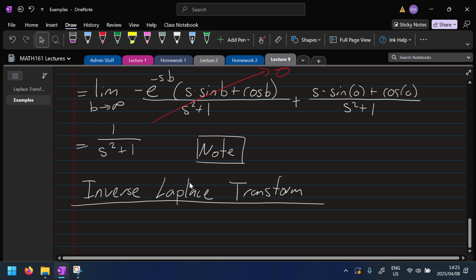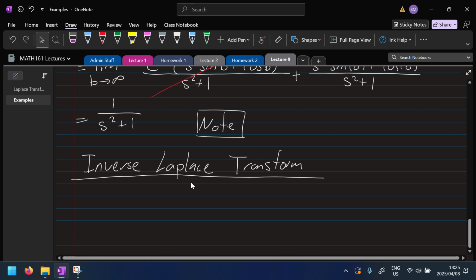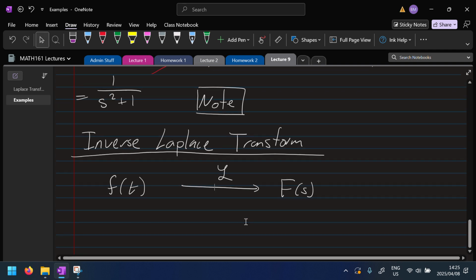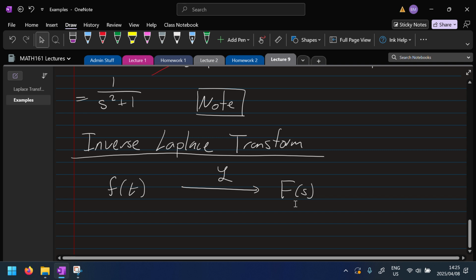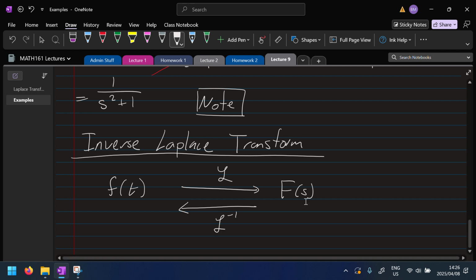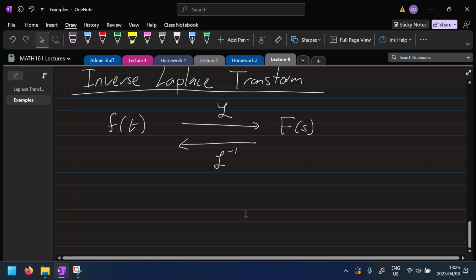So instead of looking at the general inverse, we're going to make a table of the transformations, from f of t to f of s. Using the Laplace transform, we can go that way. And then from the table, given the transformed function, we can just look at the table and go backwards using the inverse Laplace transform. So this inverse we won't calculate. We'll just have a look at the table to see which direction we're going in.